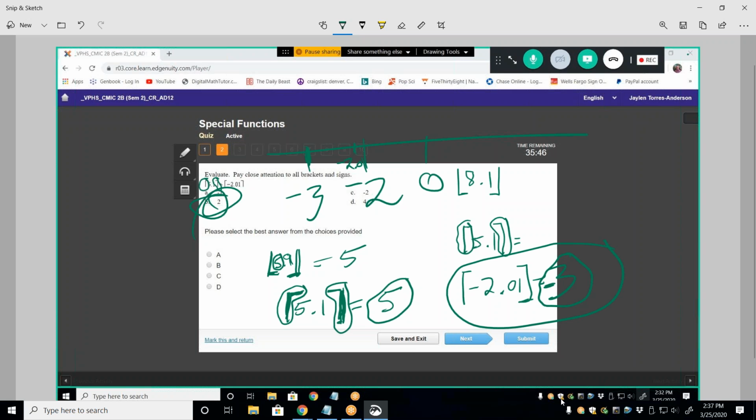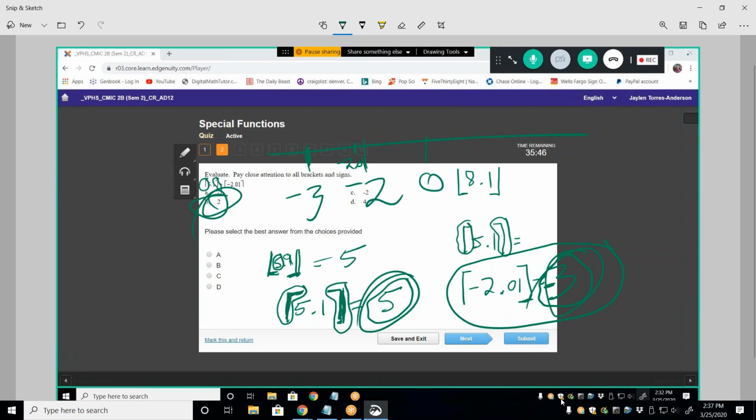And then if you add the least integer of 5.1, which is 5, to the least integer of minus 2.01, which is minus 3, you get 2. And that has to be what they mean. And the more I think about it, the more that definitely is the case.